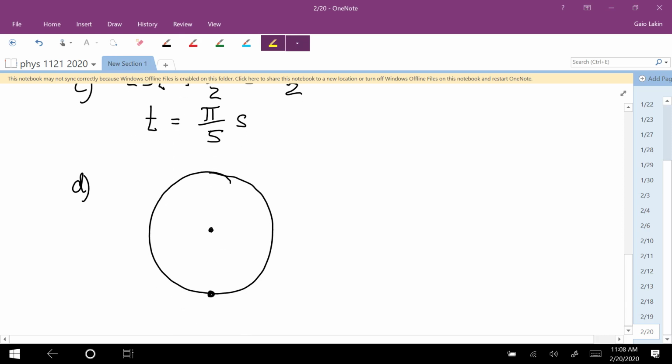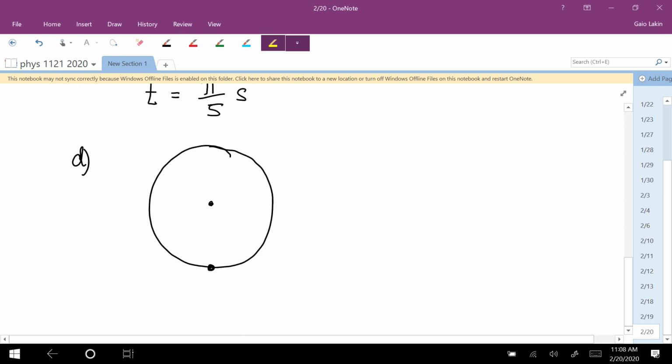All right, and we already figured out that it's moving clockwise because the angular velocity is negative. There's no angular acceleration. So if it's going this way, the velocity vector is like this.